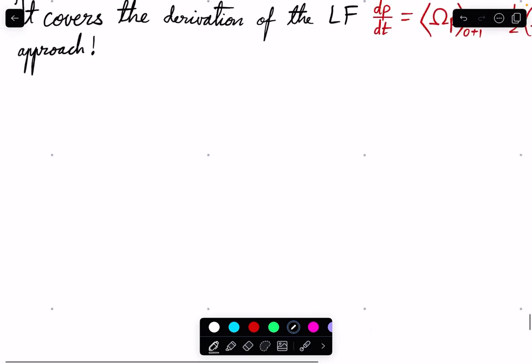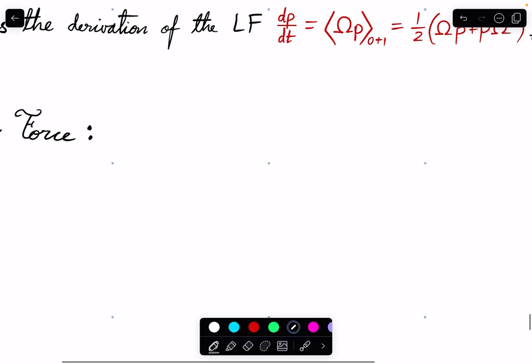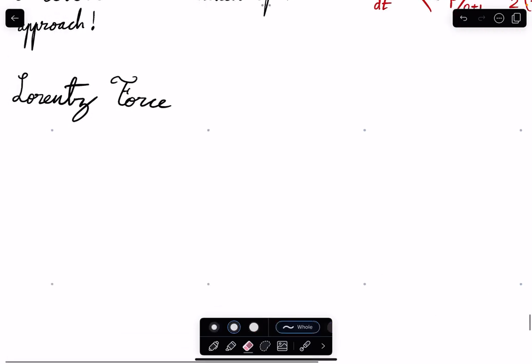However, there's a little bit of background that's necessary. So what is the Lorentz force? The Lorentz force has two aspects to it.